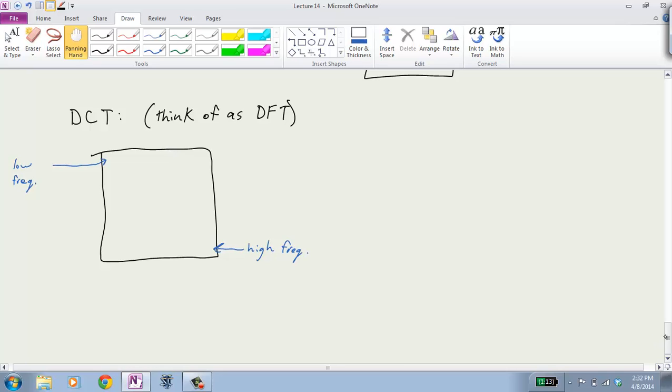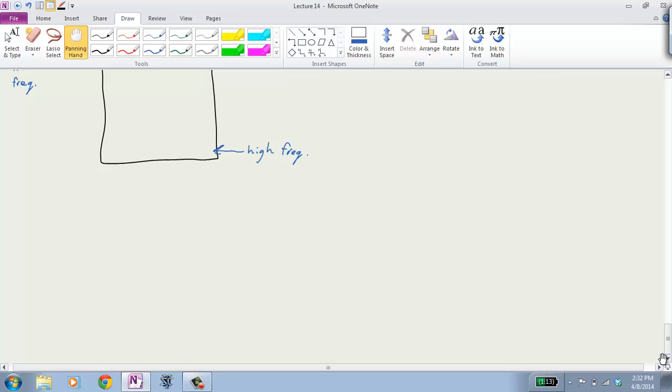But secondly, it's a sort of signal processing trick. Let's talk about what happens in the DFT that the DCT tries to avoid. So here's the DFT. Let's just talk in one dimension, a DFT of a one-dimensional signal. Let me draw my signal here, something very simple like this.